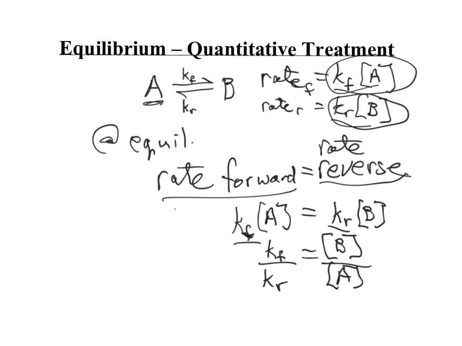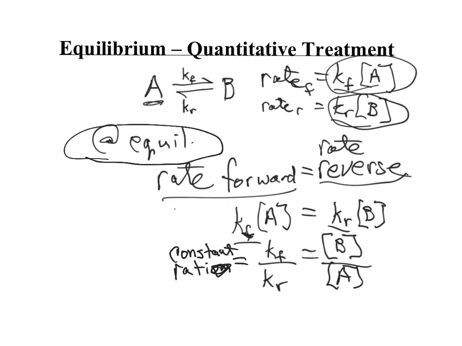When you take one constant and divide it by another constant, the resulting ratio is also a constant. So this ratio does not change. You have Kf divided by Kr equal to the concentration of B divided by the concentration of A. And remember, this is all once the reaction hits equilibrium.